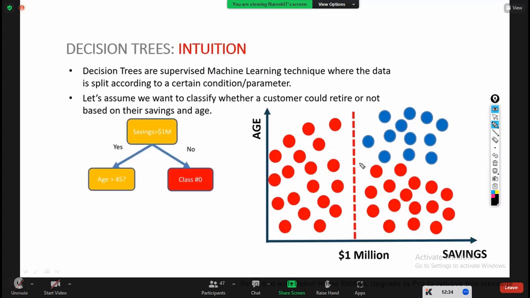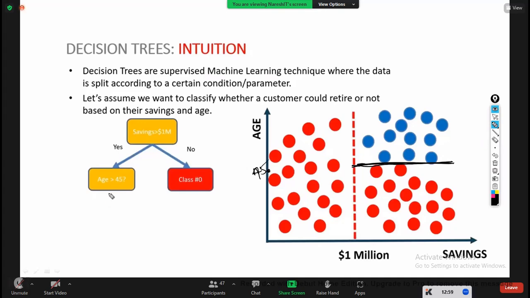Now, within that, you take one more condition. I'm going to draw this line, and this is one more condition: age at 45. Age greater than 45 means which category? Age less than 45 means which category?